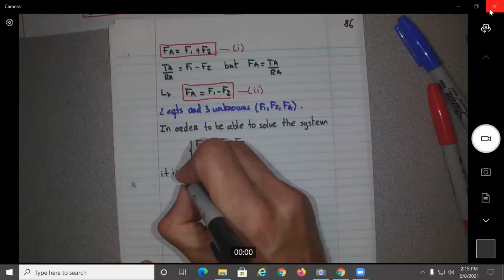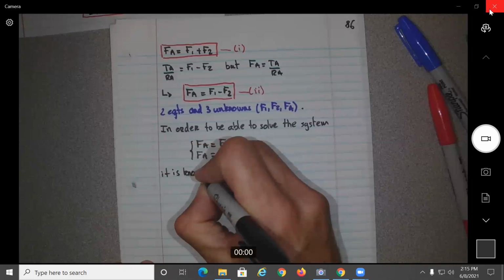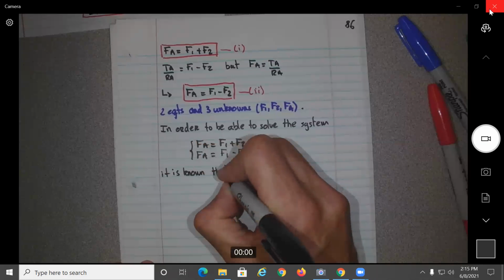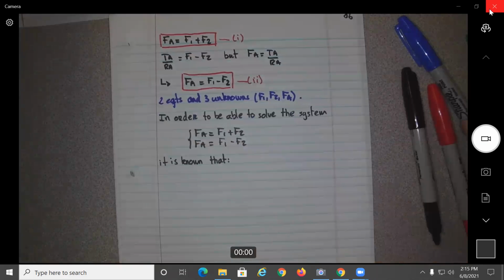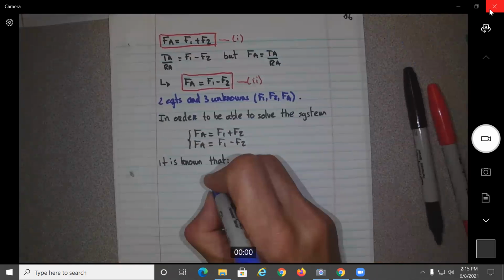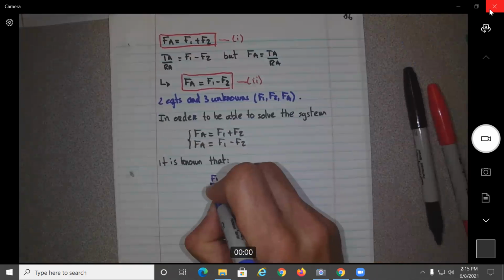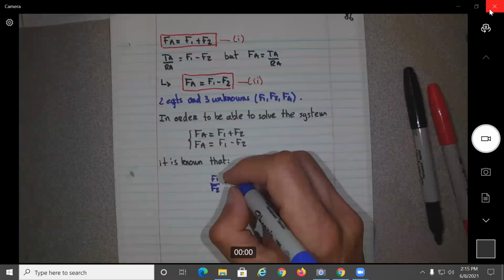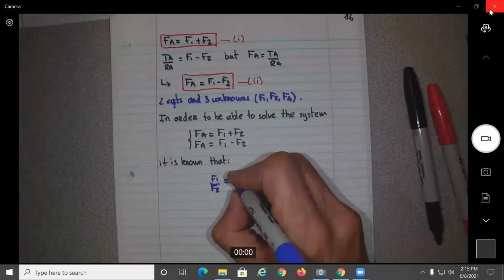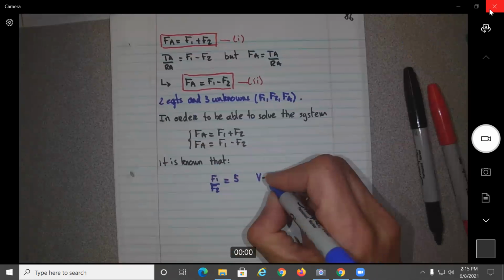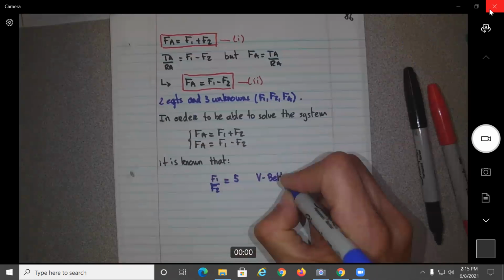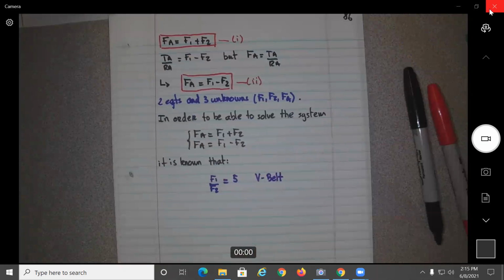it is known, or I don't know if it's known, I don't really know from where they get it, but they say that the ratio F1 over F2 is equal to 5 for V-belt sheaves.